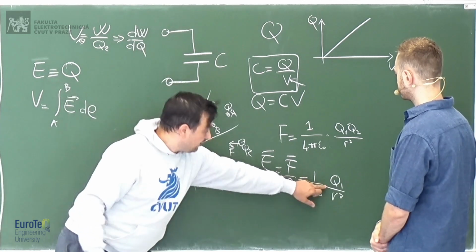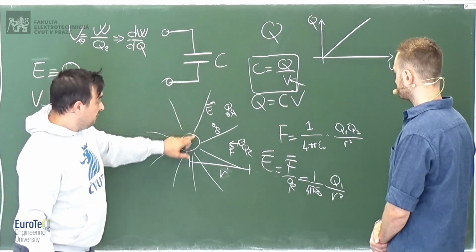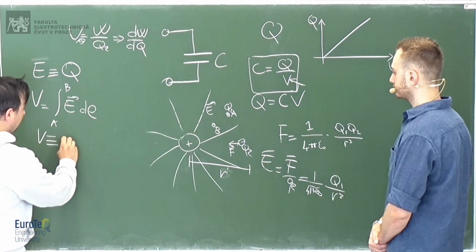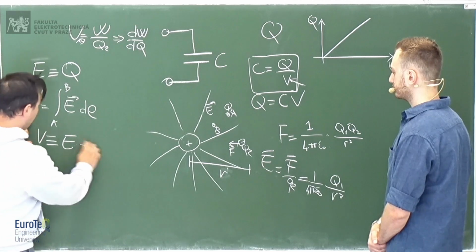So you double Q1, you double E, you double V, okay? So V will be proportional to E, which is proportional to Q.